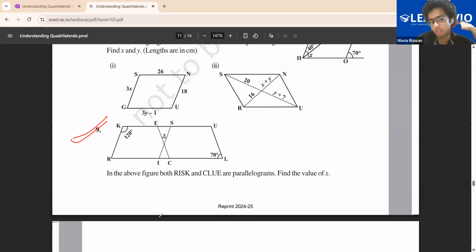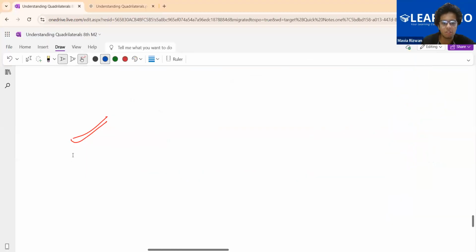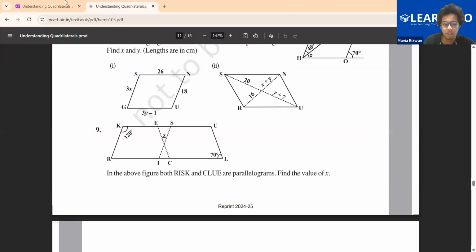The first one you wrote, yes, it is. Okay, see. Actually, this is a tricky question, yes. But if you draw this now, then half of it would be solved. See, if I draw this properly, first of all, make the parallelogram RISK.